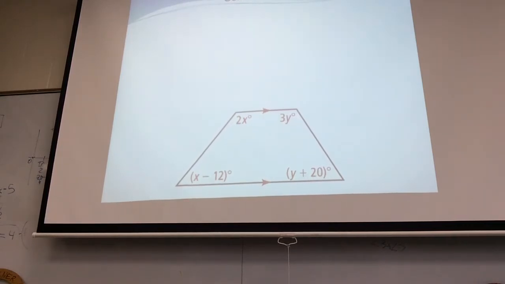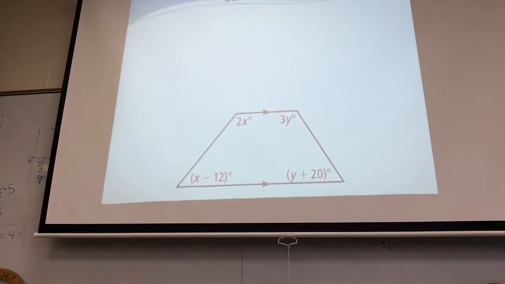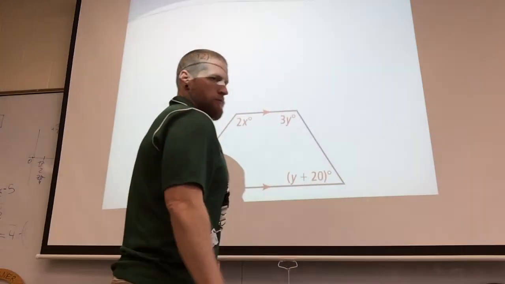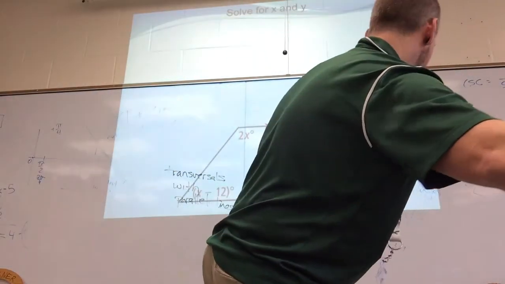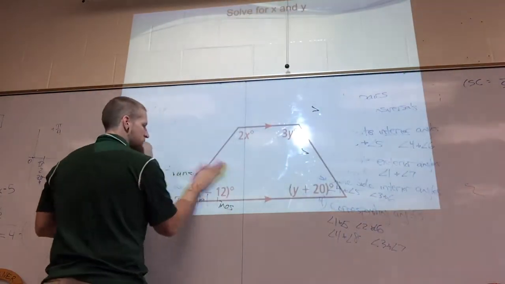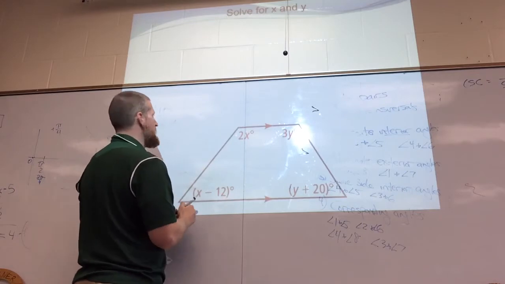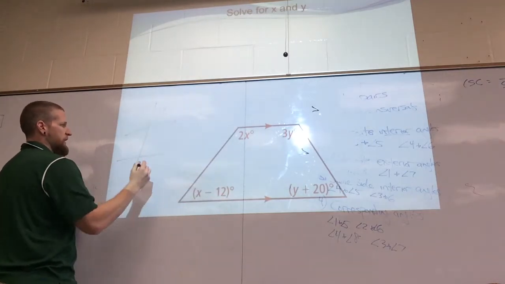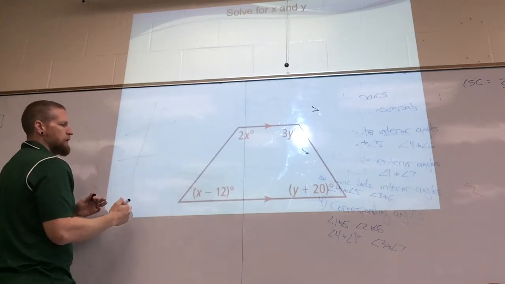One like this. Just because look, it's a little different looking than the rest, in the fact that I don't have something where all the transversals I've done have been like this, where they're kind of sticking out.